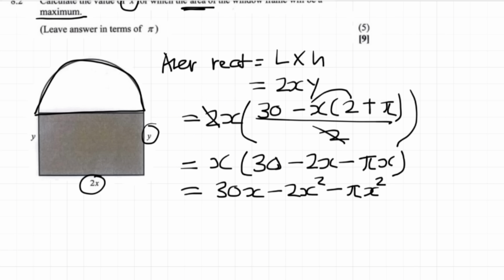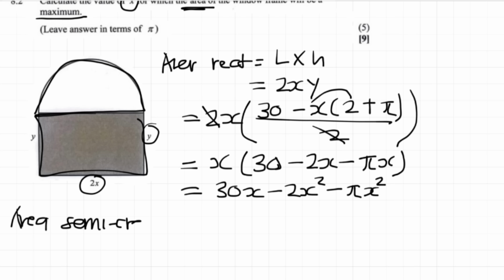So what is this area? This is the area of a rectangle, so we need to find the area now of a semicircle. Remember, to find the area of this whole thing, we need to first find the area of this small one and the area of that one, then we add them together. So now we're going to find the area of a semicircle.